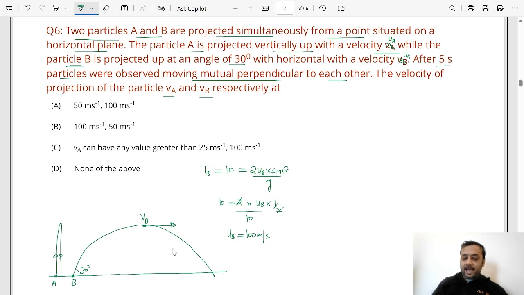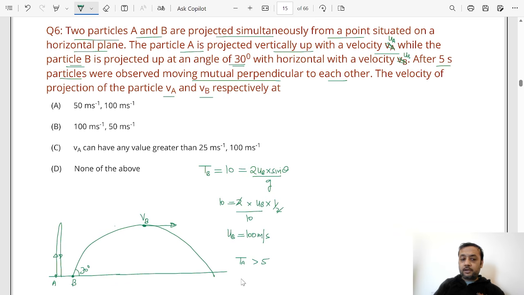Now, as such, there is no condition on the velocity of A, but we must remember one point here: A should be in the air for at least 5 seconds, because then only can the velocities be perpendicular. That means time of flight of A should be greater than or equal to 5.